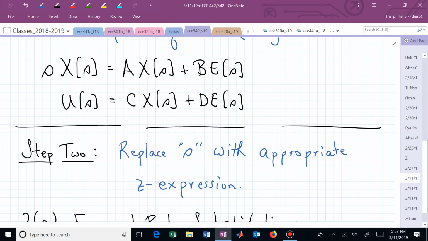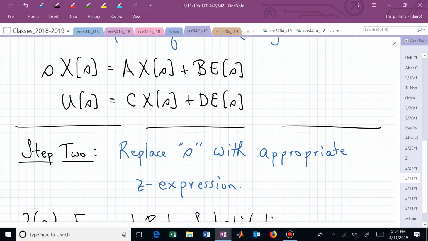But do you see that we could immediately go into the z domain? We just change the arguments and then take that into the time domain in the discrete time setting, and we have exactly the same linear relationship between u, the state x, and the input e.